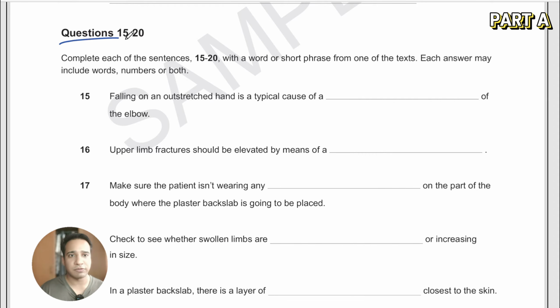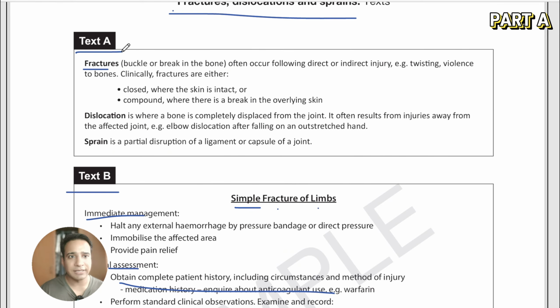Next one, from questions 15 to 20, you have to fill in the blanks. Let's see. Falling on an outstretched hand is a typical cause of what of the elbow? I remember this was in text A. First, remember to highlight outstretched hand, typical cause. Here in text A, outstretched hand, elbow.